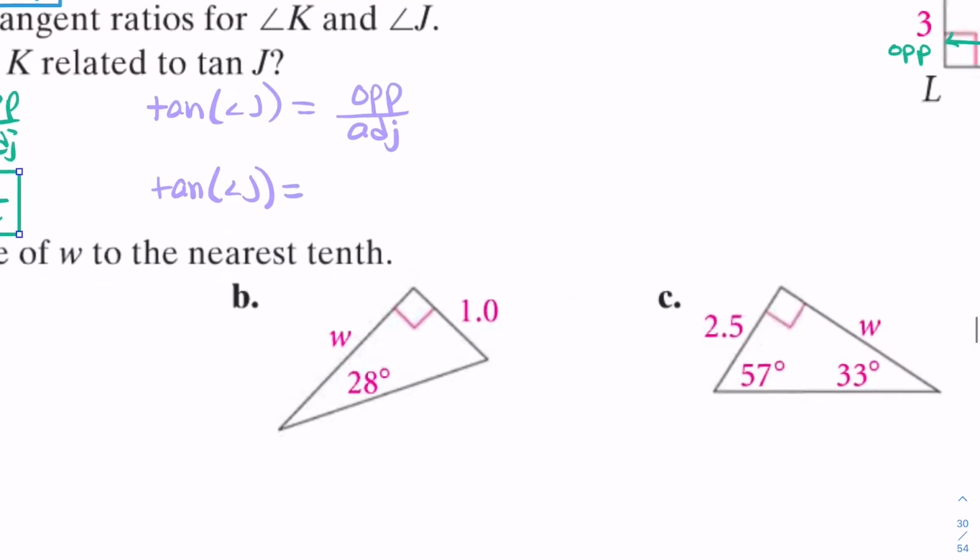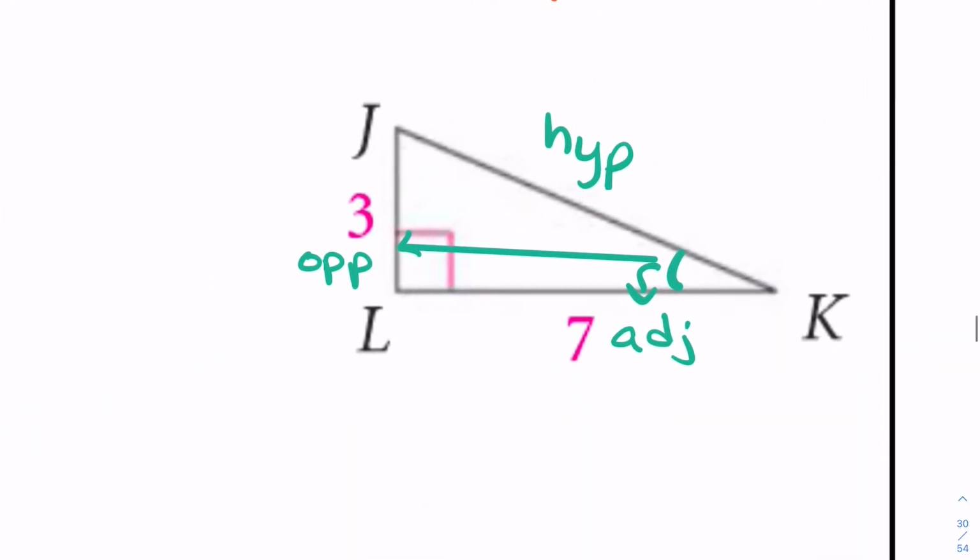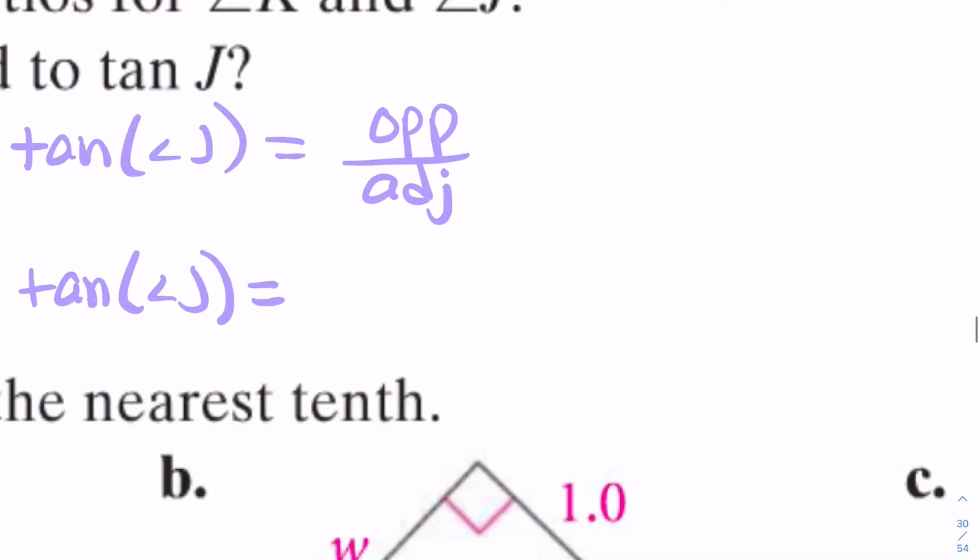All right, the next one, tangent of J. Looks like this one is the adjacent side. This one's still the hypotenuse. That doesn't change. And this side over here is the opposite. So we have 7/3.